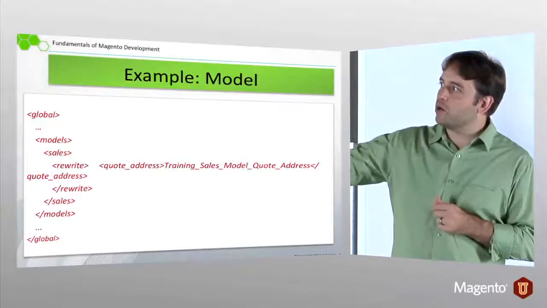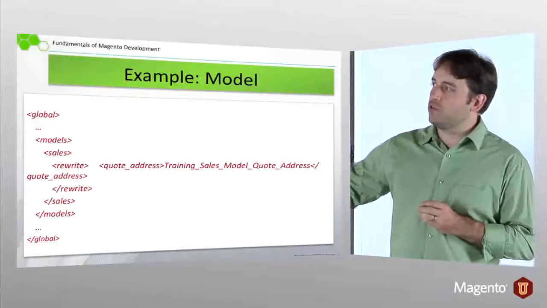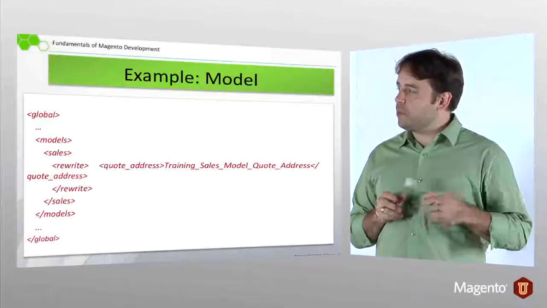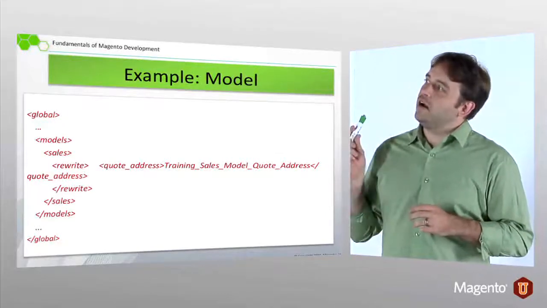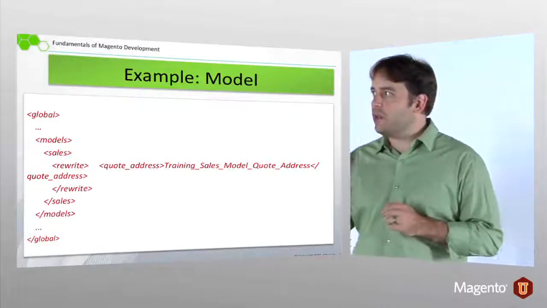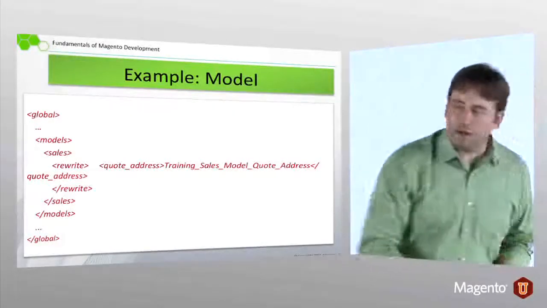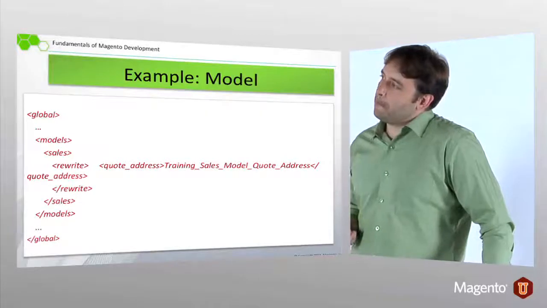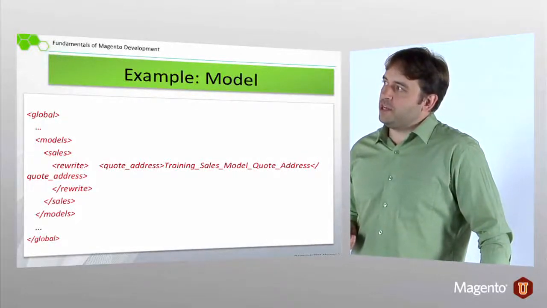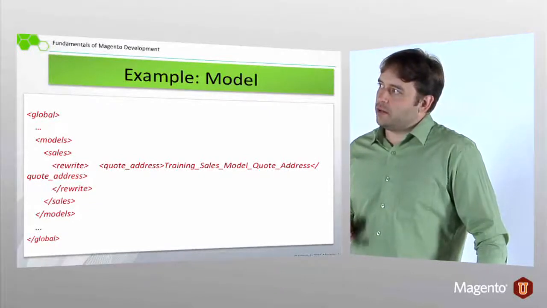So we have global, model, sales, rewrite, quote underscore address. If you are paying attention, you'll see that the sales node should mean something to you. So basically, where that node is originally defined is in the Mage Sales configuration file.